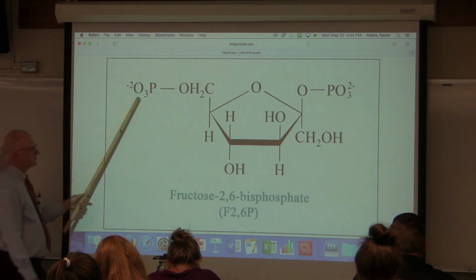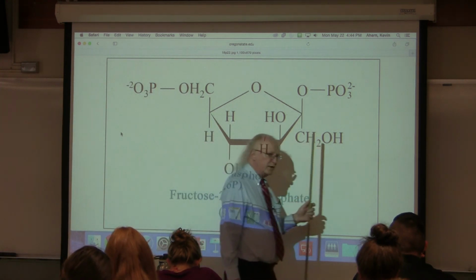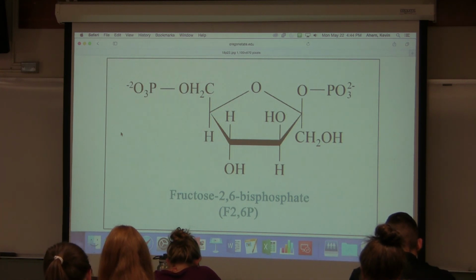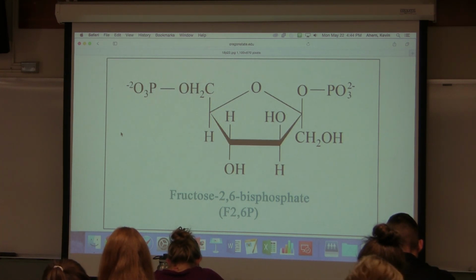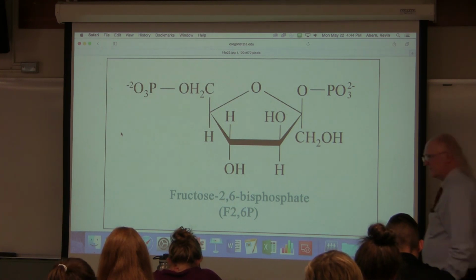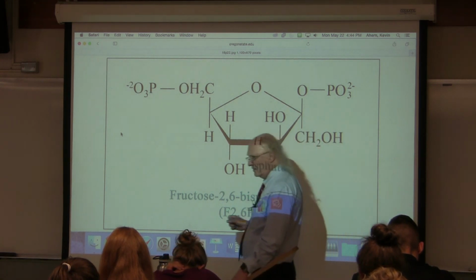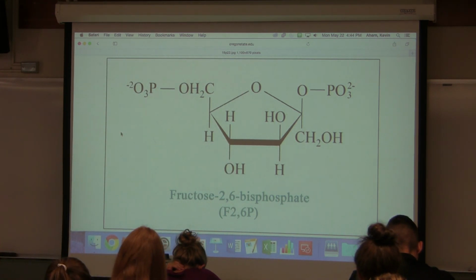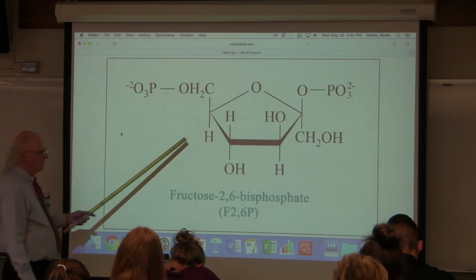This molecule is responsible for a phenomenon we call reciprocal regulation. It's a very important principle in controlling metabolic pathways. You'll see why we call it reciprocal regulation in a minute.